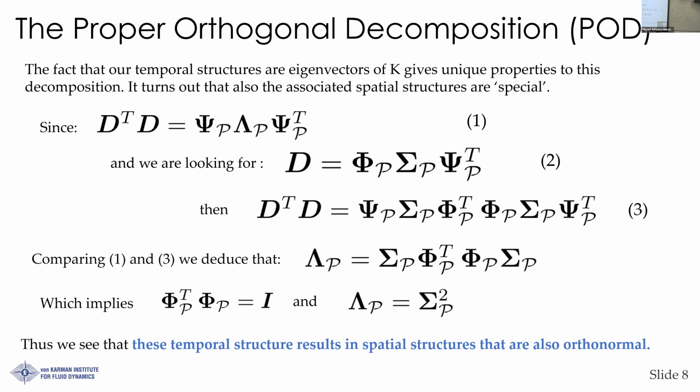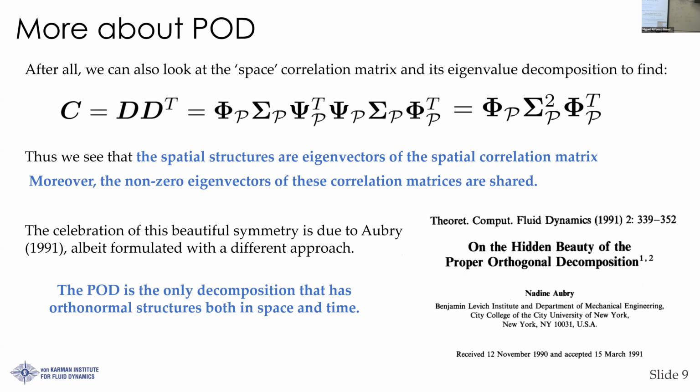Now there is a nice paper from Aubry in '91 who celebrates the beautiful symmetry of this decomposition, which in fluid mechanics was called POD. So we landed in the proper orthogonal decomposition. But as I was saying yesterday, you should see POD as a more general concept than just the SVD.